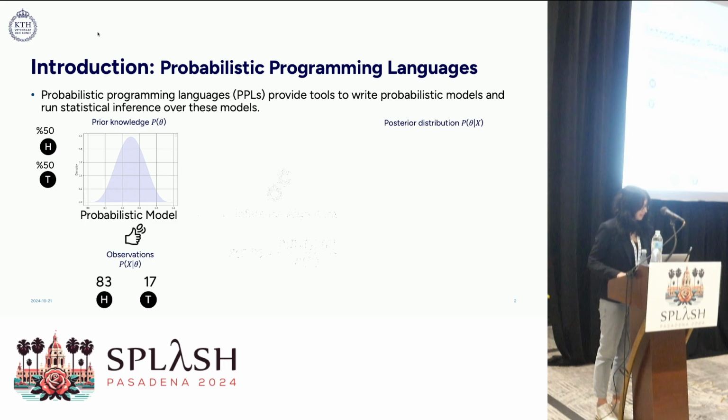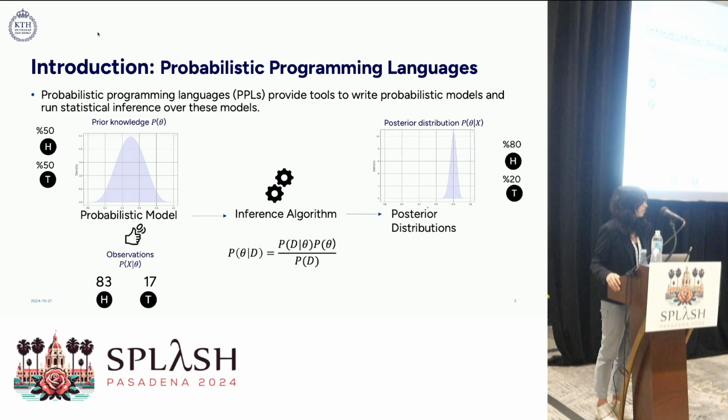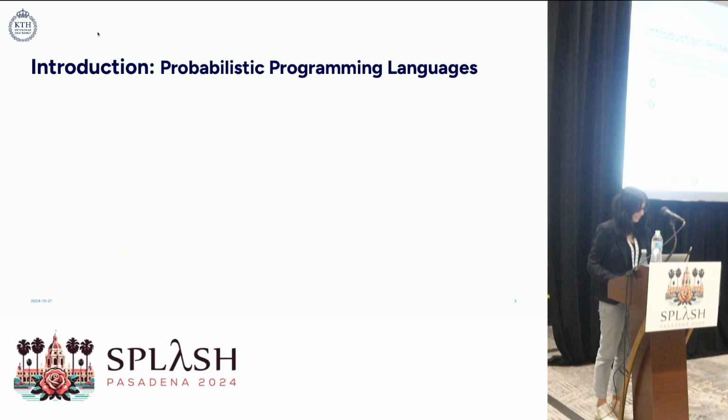And after writing our model, the inference algorithm in the probabilistic programming language takes that model and generates the posterior, which is the answer we are looking for. Here we see that the posterior is shifted toward the right, which means the probability of heads is higher, which is expected after observing that many heads.